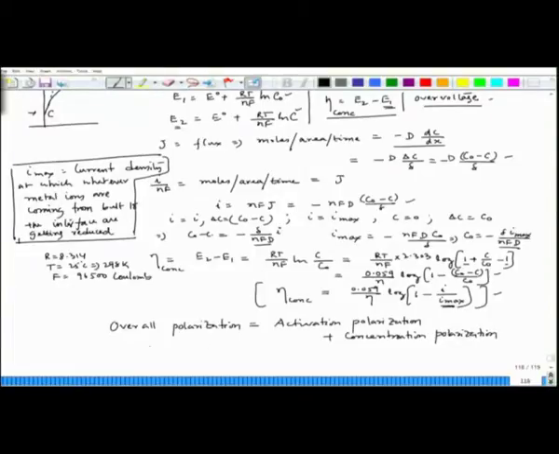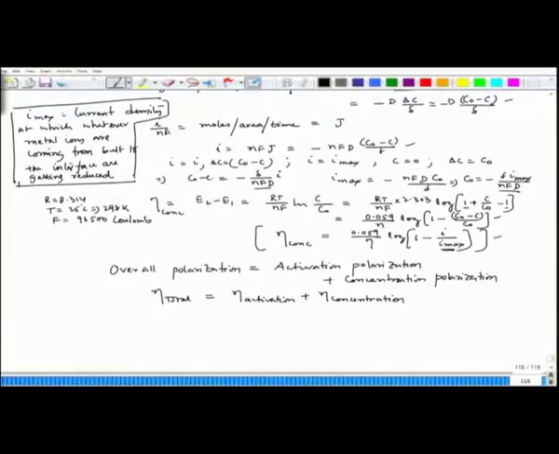So, I can write total equal to eta activation plus eta concentration.